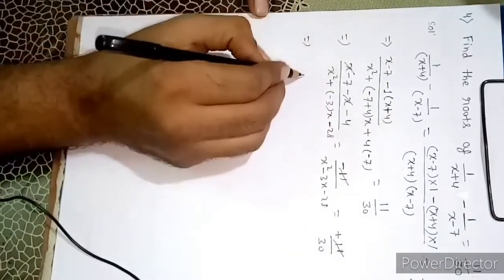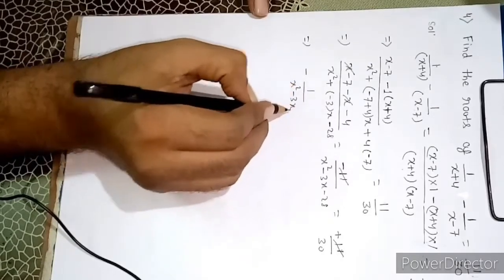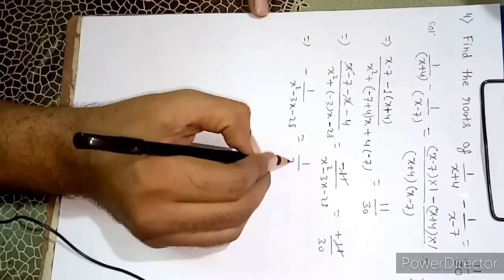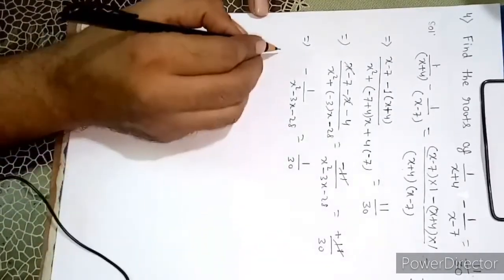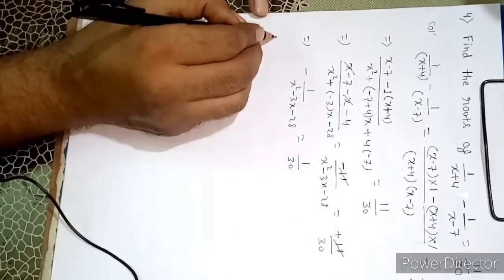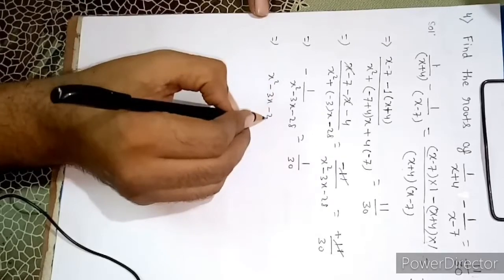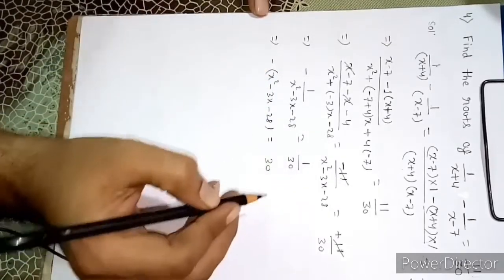So you are left with minus 1 by x square minus 3x minus 28 equals to 1 by 30. Now if you take the reciprocal on both sides, you will get x square minus 3x minus 28 equals to 30.